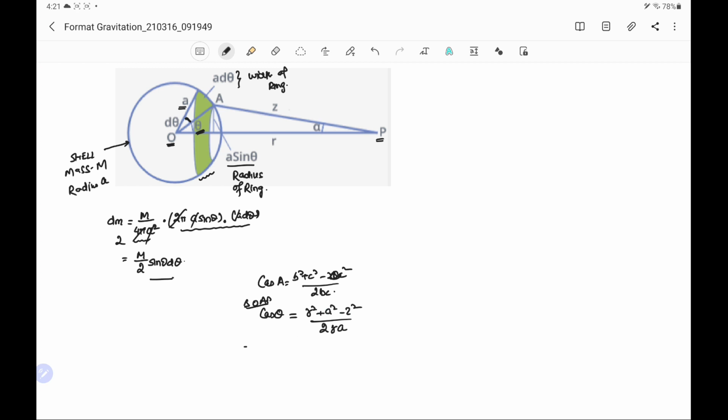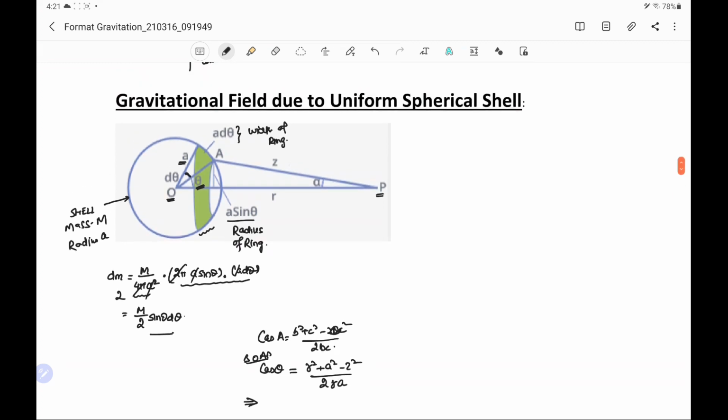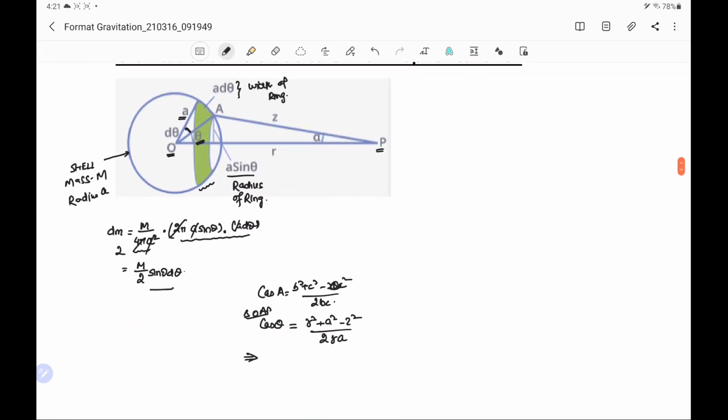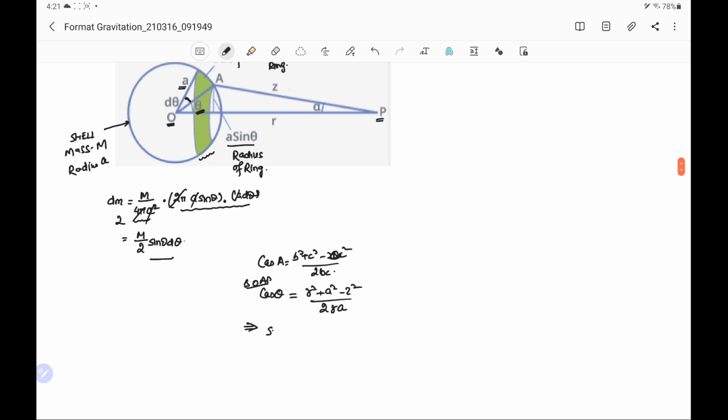On differentiating, which we have already done in the topic of gravitational potential due to a uniform spherical shell, we find sine theta d theta is equal to z dz by ra. We can replace this here, and we get m by 2 into z dz by ra. This is the elementary mass of the ring.